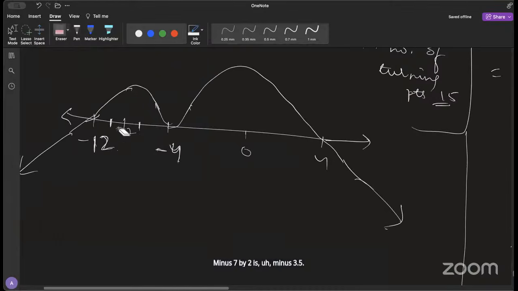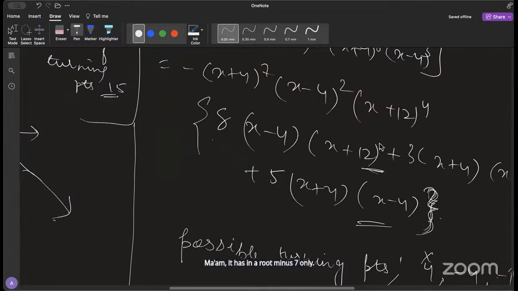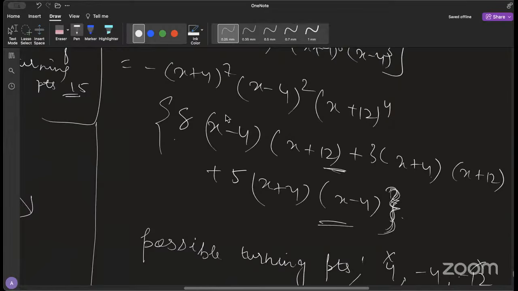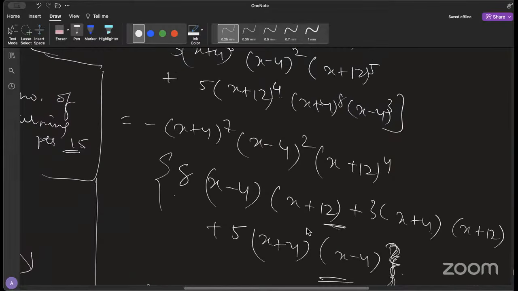Ma'am, it is having a root minus 7 only. This has root minus 7. Yes, minus 7 and minus 4 at 7. I don't think so. I've checked it on 8x minus 4 plus 12.